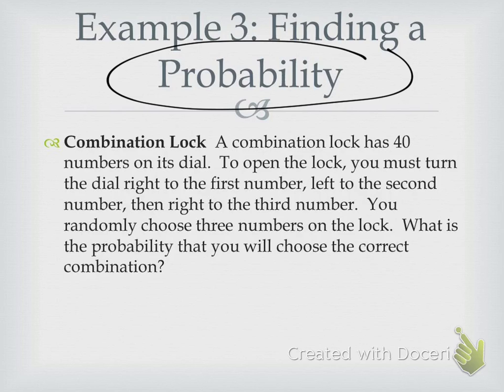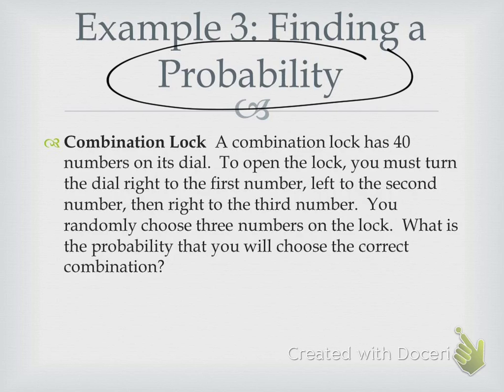It says a combination lock has 40 numbers on its dial. To open the lock, you turn it to the right, then you turn it to the left, then you turn it back to the right. You randomly choose 3 numbers on the lock. What is the probability that you will choose the correct combination? All right, so how many numbers are on the dial? 40. How many times do you turn it? 3.